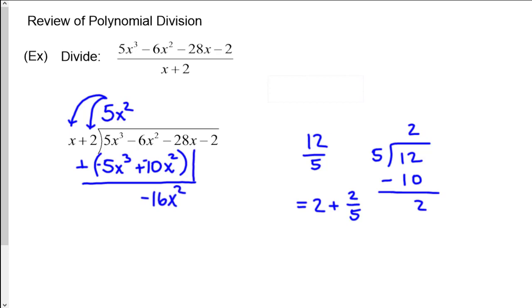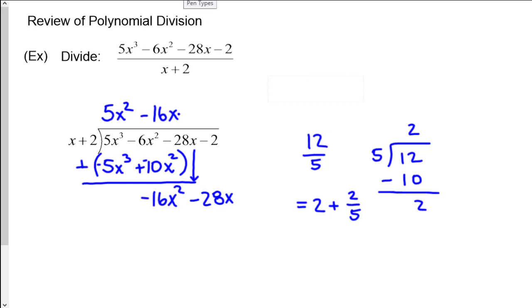Then you bring your next term down, so minus 28x. And then the process simply repeats itself. So what do I need to multiply x by to get negative 16x squared? Well, negative 16x.